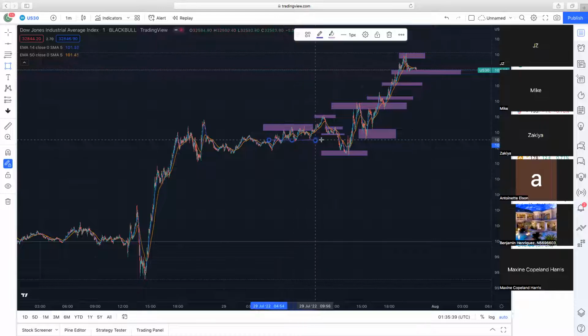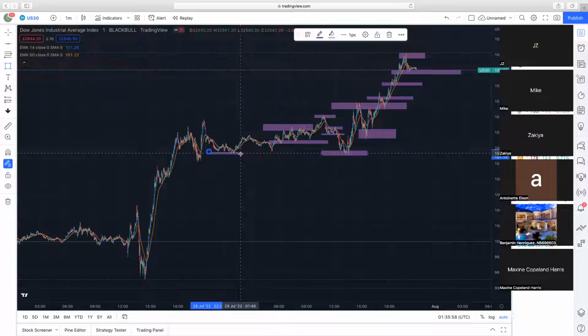This is a pretty large zone. Right here. Look at this.